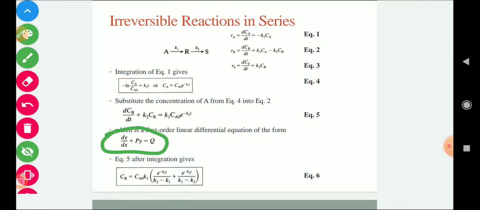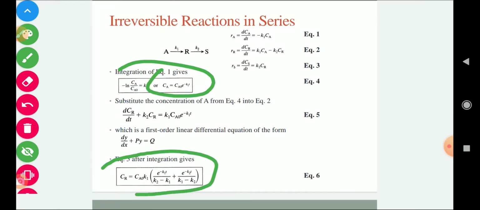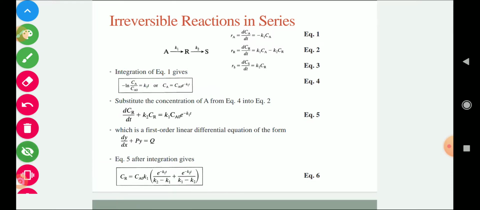So you know how to solve this problem. If we integrate this equation, this is the final expression for the concentration of R. So now we have calculated the concentration of A, and here we have calculated the concentration of R.